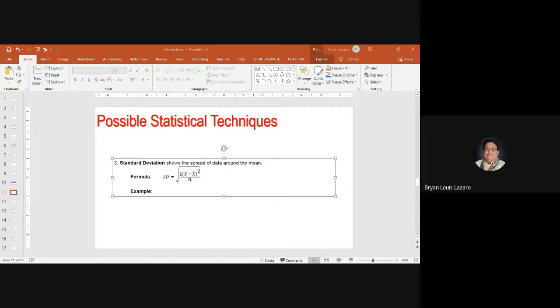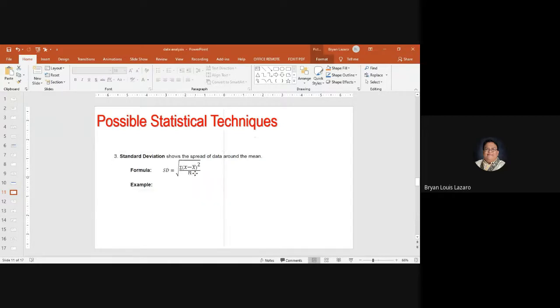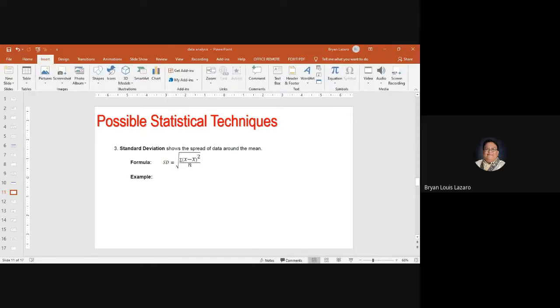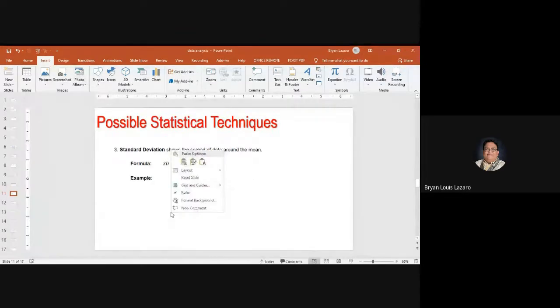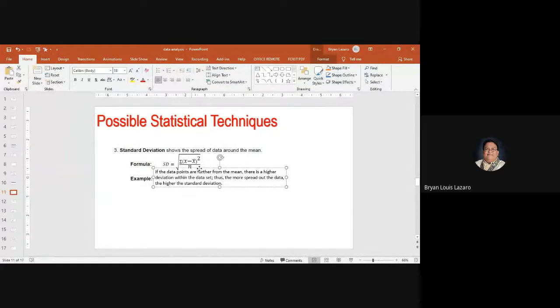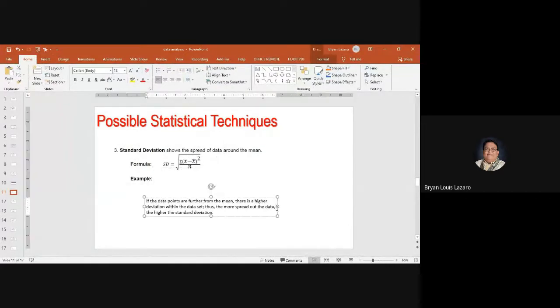Kasi 'di ba halimbawa, para mas maintindihan ninyo, remember, if you have a higher mean, no? If the data points are further from the mean, ibig sabihin mas mataas siya sa mean.